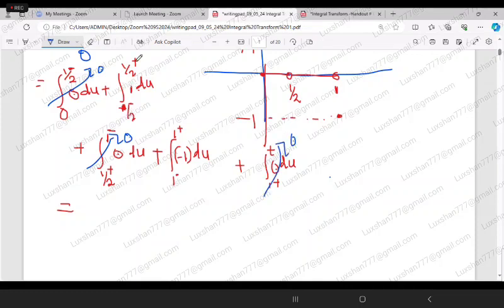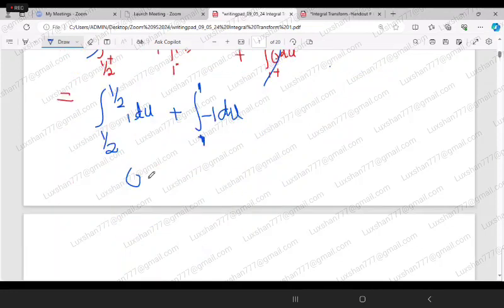So this becomes half minus to half plus, 1 into du, plus 1 minus to 1 plus, minus 1 into du. So this is 0 plus this one is also 0. Therefore the integral is 0.